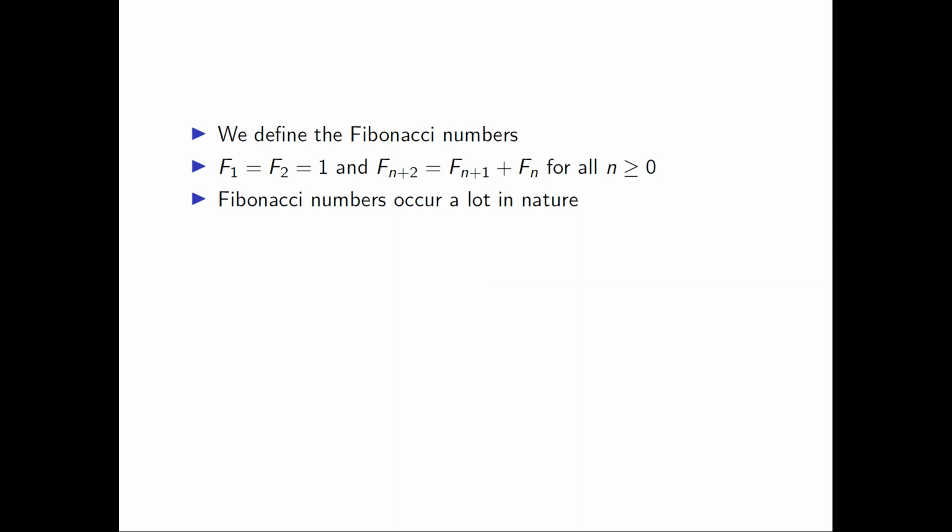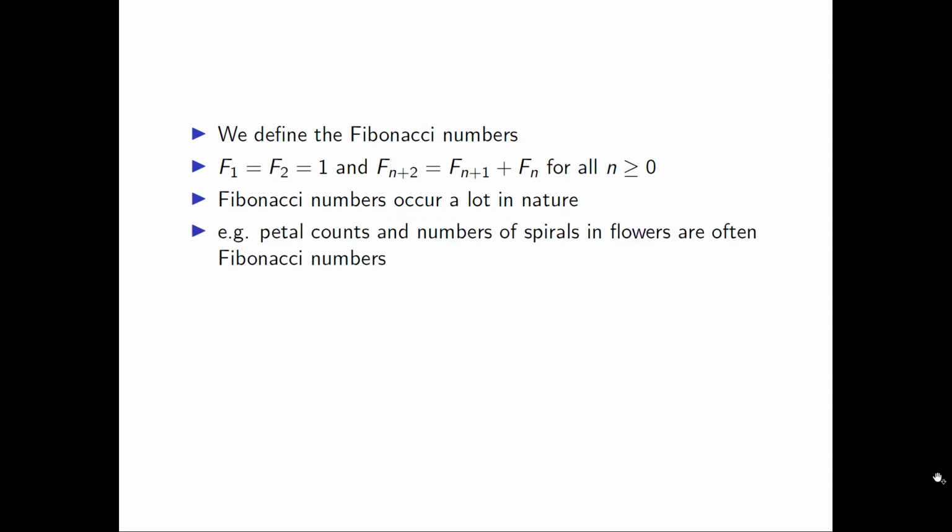Fibonacci numbers have a lot of applications, including in computer science and in biology. They show up in particular a lot in nature. For example, if you look at petal counts and the counts for spirals in flowers, these will often end up being Fibonacci numbers.